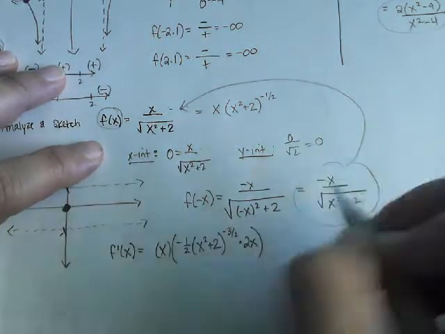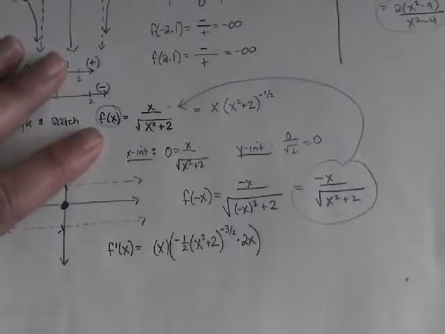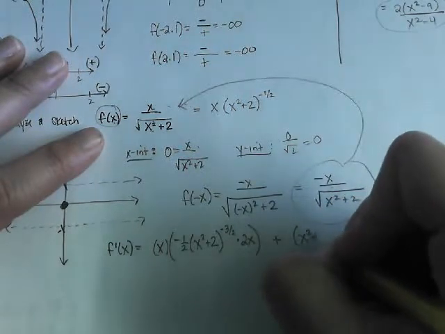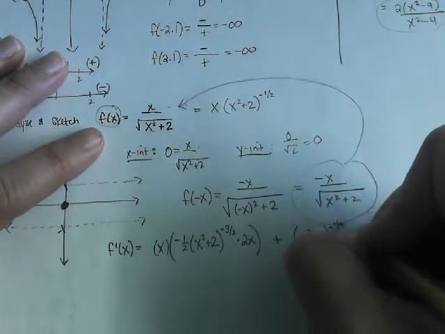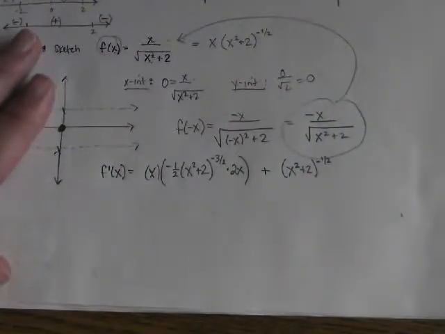Plus my second times the derivative of my first, which is just 1. So how should we clean this up? What do you see first, Sierra?